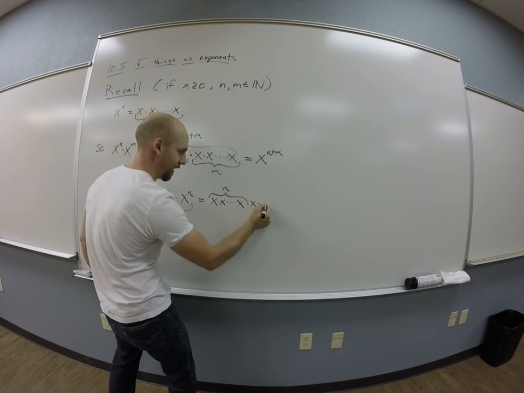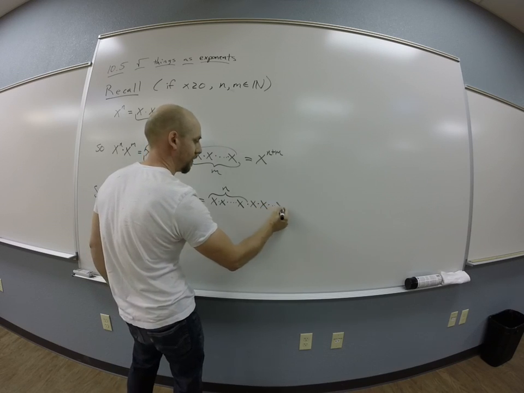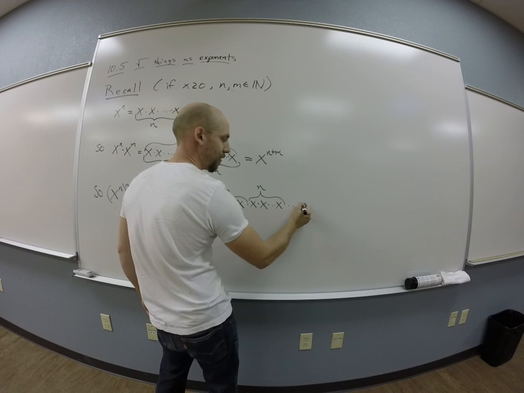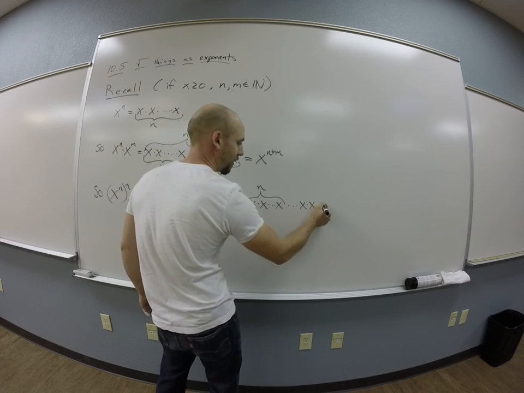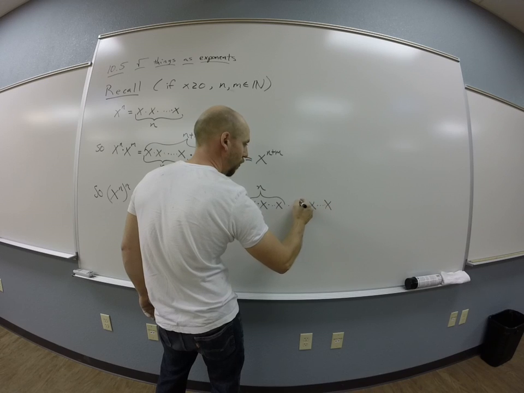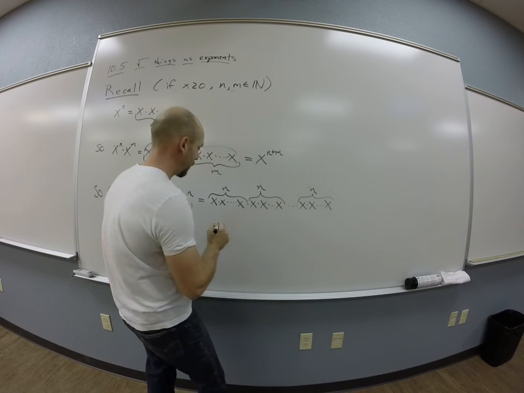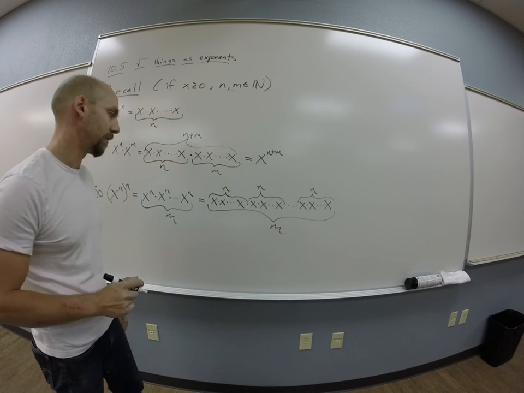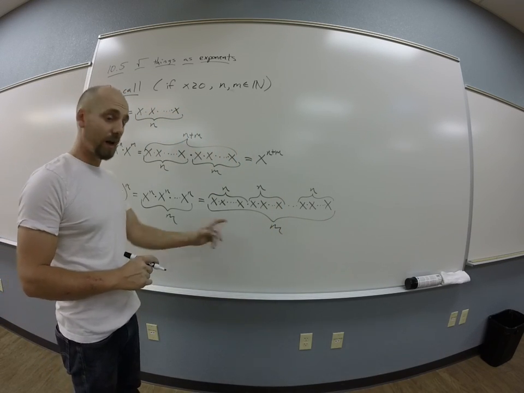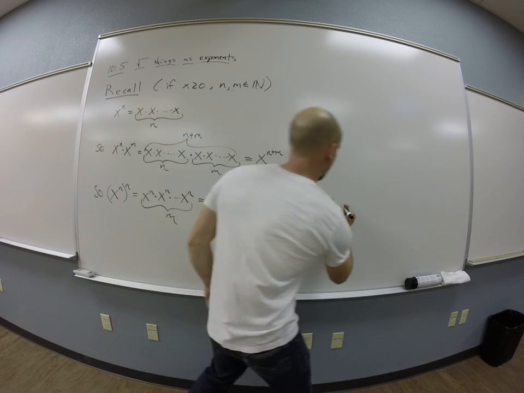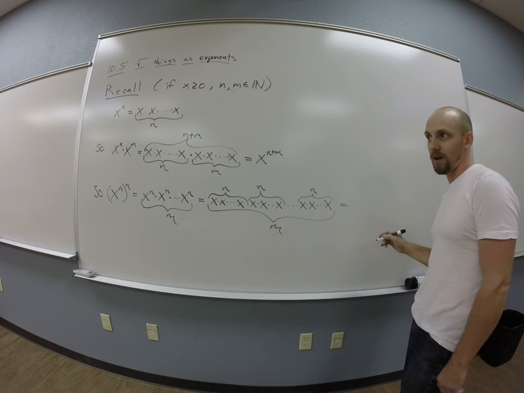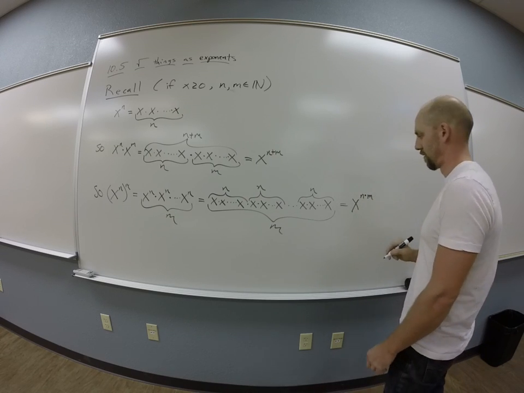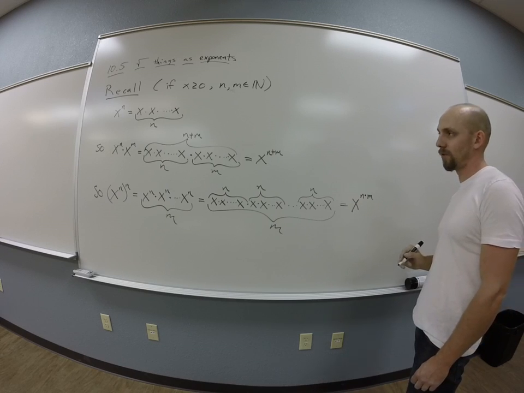Then we're multiplying n more for the second one, and n more for the last one, and all told there are m groups of n things, which gives me m times n x's. Okay, so I get this multiplication rule.